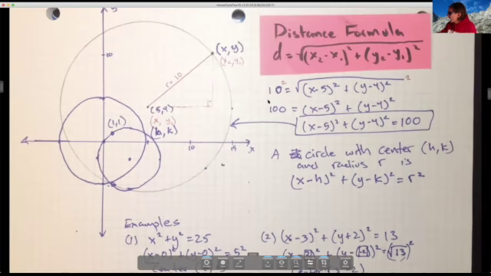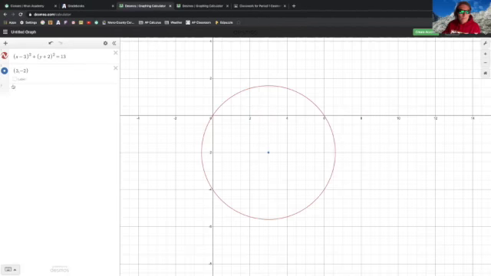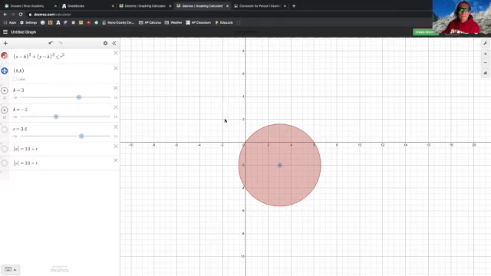Let's go ahead and look at what a computer could do with this equation. So here I have actually entered in this equation, and the computer drew the circle. And there's my point 1, 1 that I checked. And we might look to see there are some other points on this circle. And if I want to move the circle around, I just have to change these parameters. So let's take a look at this circle, and I'm just going to move one of the parameters like h.